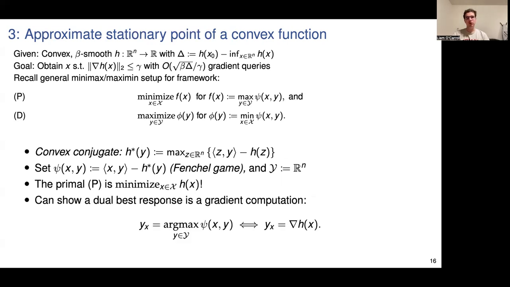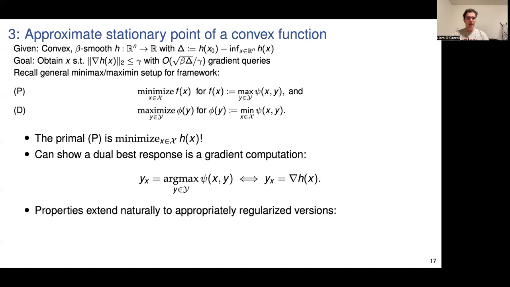Also, you can just show using standard properties of the convex conjugate that a dual best response, taking some primal point x and returning a point y which maximizes psi in the y variable, can be computed using a gradient computation. So if you want the dual best response to some primal point x, you can just take the gradient of h at that point. And we show that these properties extend naturally to appropriately regularized versions of psi.